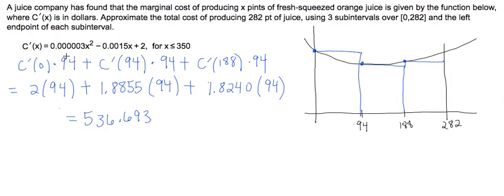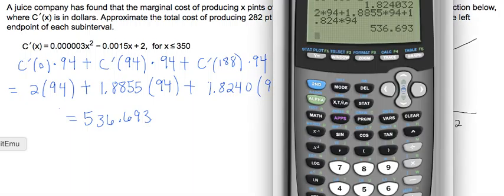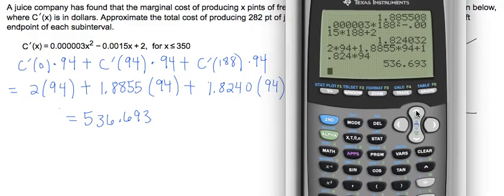Okay, so C prime of 0 is correct. Did I multiply times 94? Yeah, I multiplied them all individually by 94. The only thing that could throw this off a little bit would be rounding. Oh, I can't scroll back and see what I did.